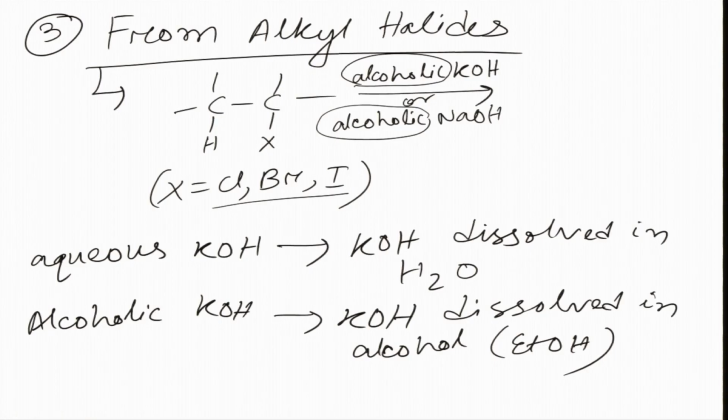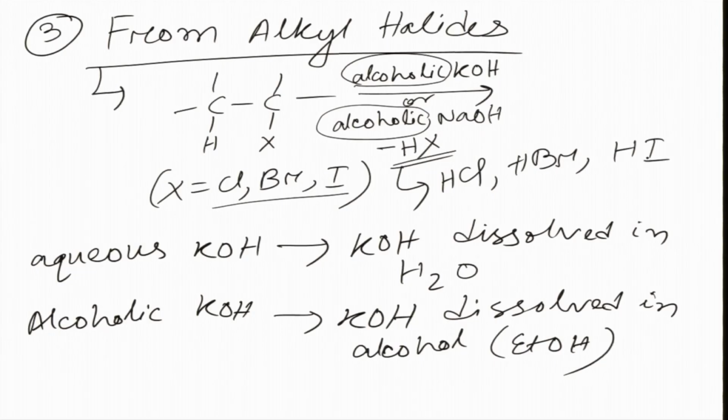So, this is alcoholic KOH, or alcoholic NaOH can be used, and it will result in the elimination of HX, that is halogen acid. What is HX? It can be HCl, HBr, HI, etc. With the elimination of HX, it will form alkenes, okay.